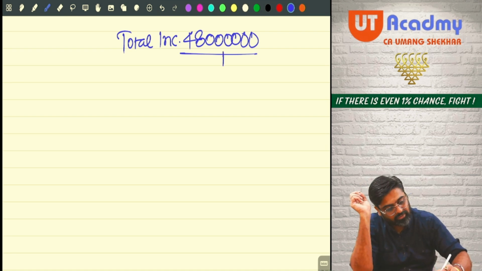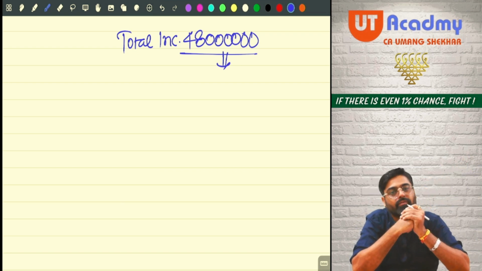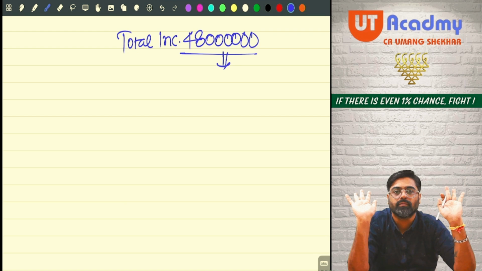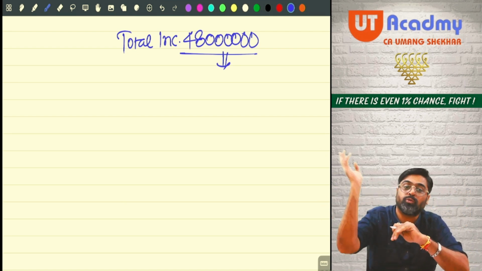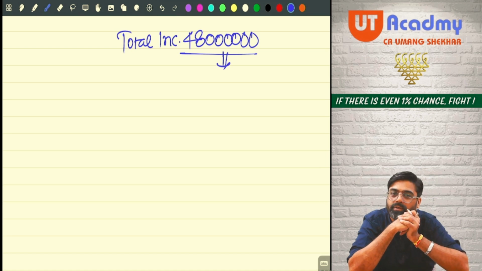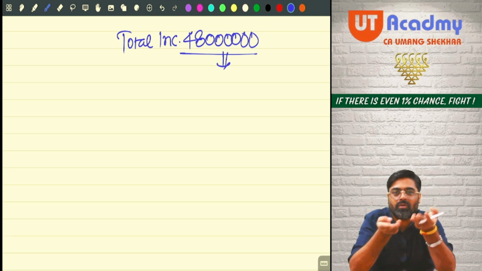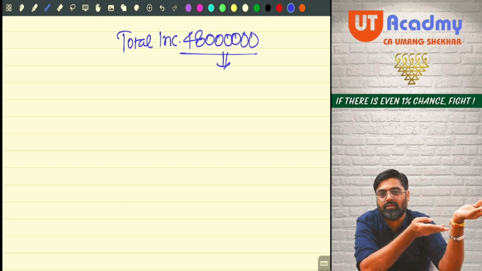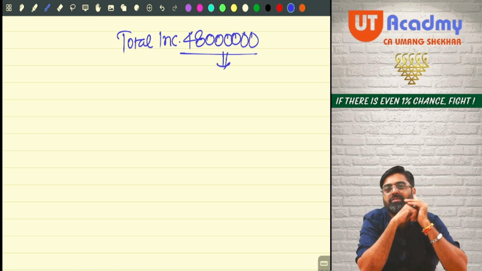Now, whatever tax I will calculate on this income, on that tax I am supposed to pay 25% surcharge. Right? If nothing is given about those four incomes, so definitely this is my normal income on which I will apply normal rates, I will pay normal tax. On that normal tax, I will apply 25%.